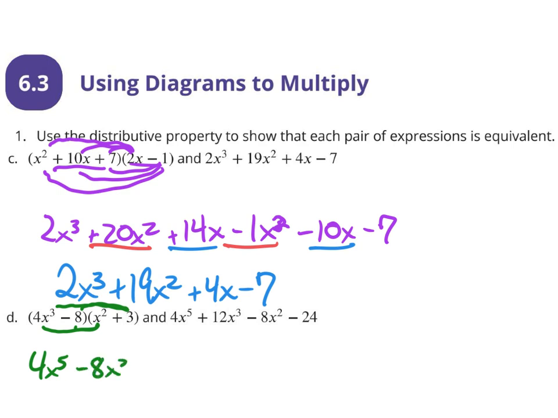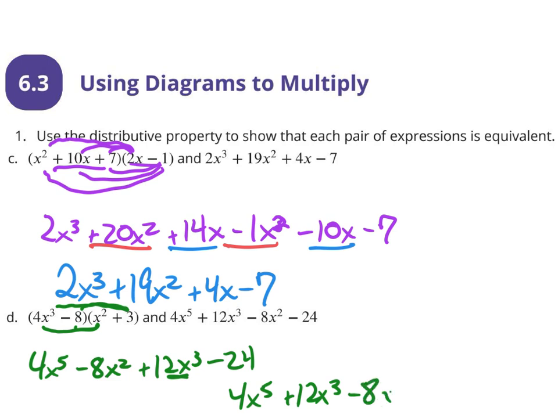Minus 8x squared. Distributing the 3, I get plus 12x cubed, and then minus 24. I have to rewrite it in proper order because this is out of order. So it is 4x to the 5th plus 12x cubed minus 8x squared minus 24.